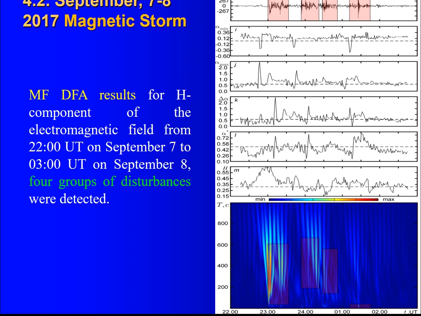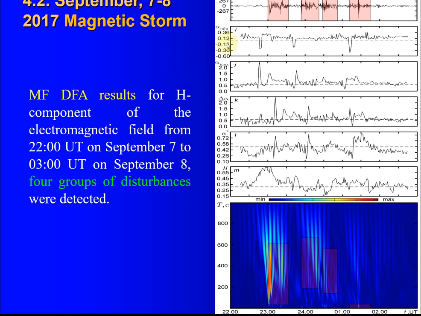Another sample which we can consider is the signal of a magnetic storm. These are variations of the geomagnetic field which were investigated with multifractal analysis, and we obtained these results, and we show that these signals are multifractal too.